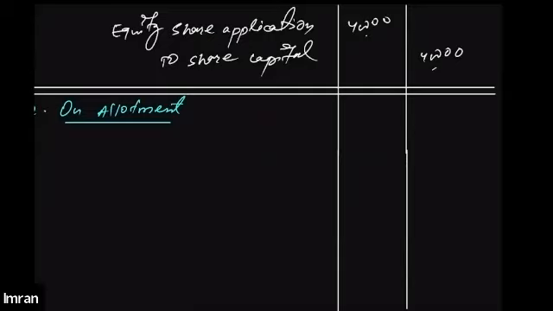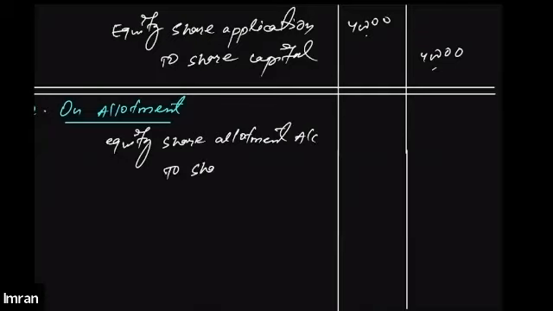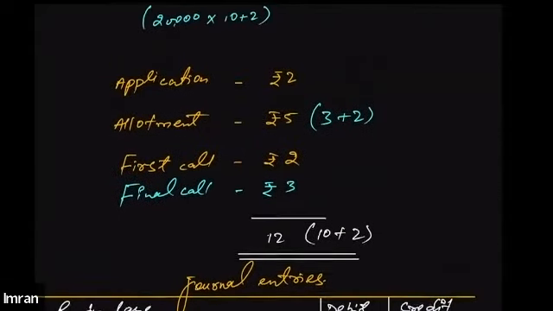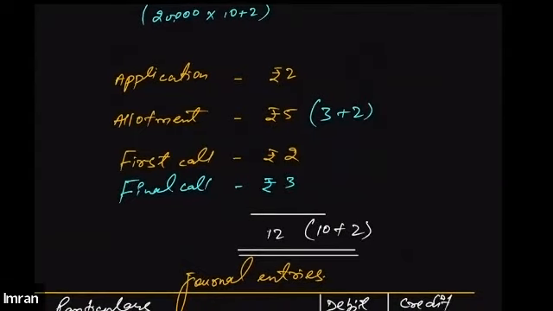So for making it due, the journal entry will be equity share allotment account to share capital, right?